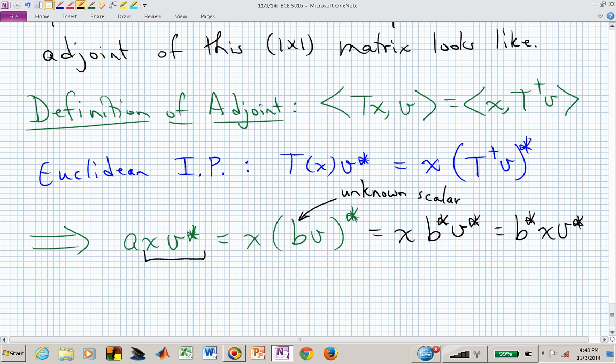We had an xV star on the far left. We have an xV star on the far right. If those are equal, we wanted the inner products to be the same. And we can make the adjoint have that property if we allow B star, or the conjugate of B, to equal A. And then we have the adjoint. We know what B is.